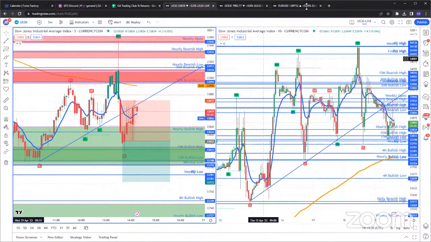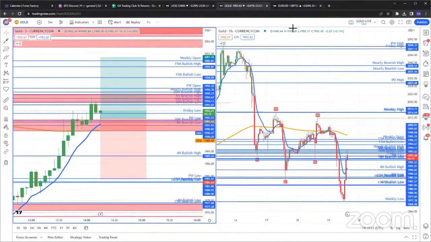And US 30 is still being held by that trend line. For gold, I've recouped my profits. So currently I'm actually up 15 pips on gold.